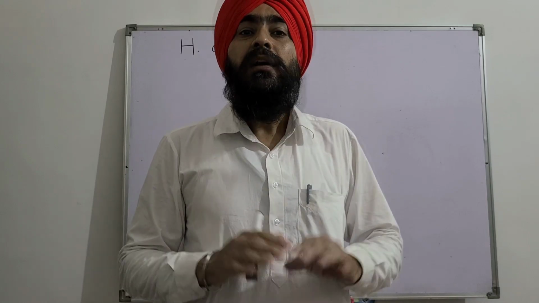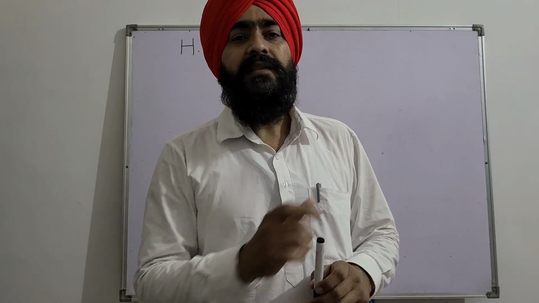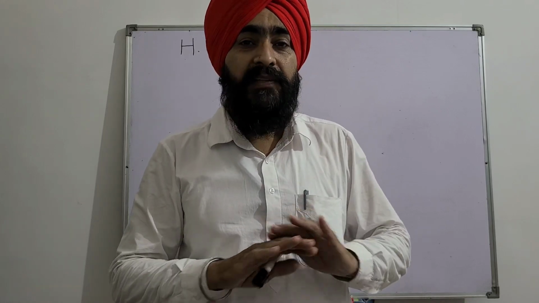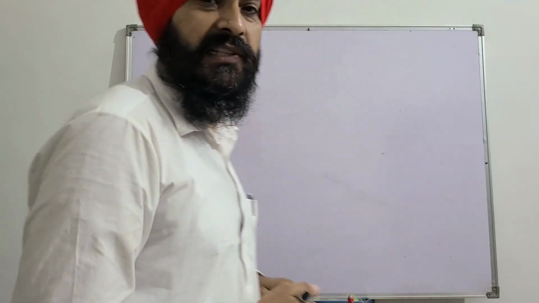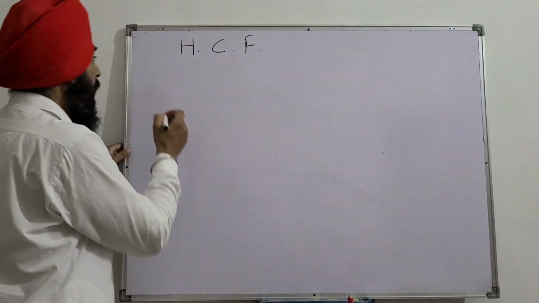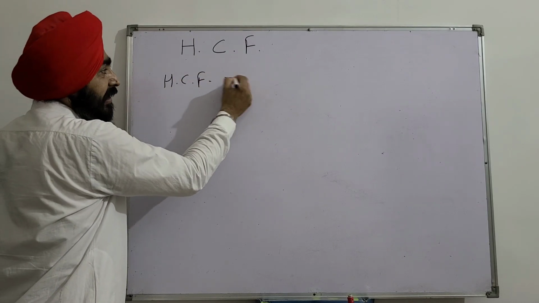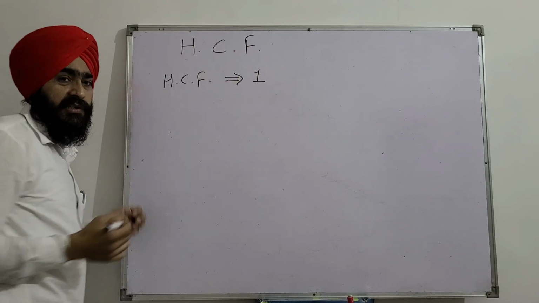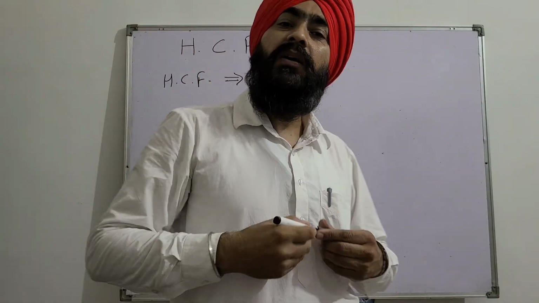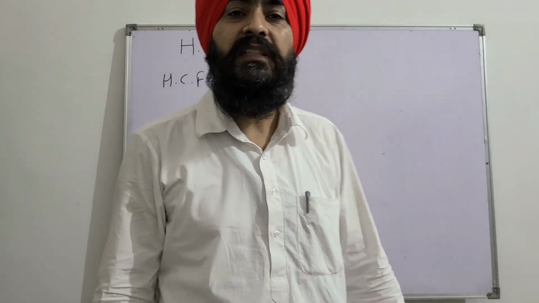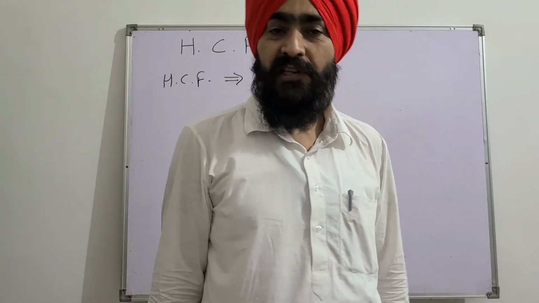So a very crucial note is that HCF can never be zero. कभी भी HCF जीरो नहीं हो सकता, because at least one will exist there. At least one तो होगा, because all the numbers in this universe have one as a common factor. Is it clear?